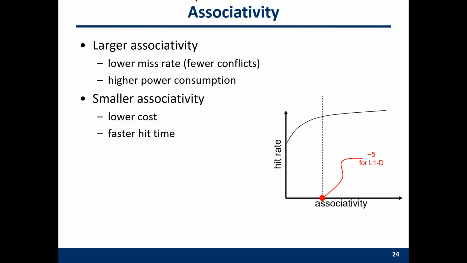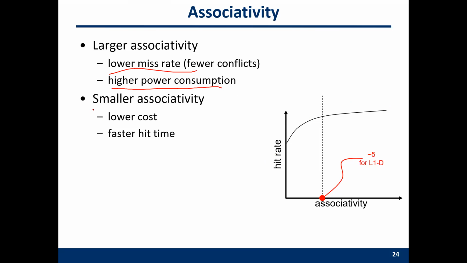There is a trade-off on the set associativity too. A larger associativity means your cache is more like a fully associative cache. Then the miss rate is low, but each lookup, each memory access, will do a lot of comparisons.